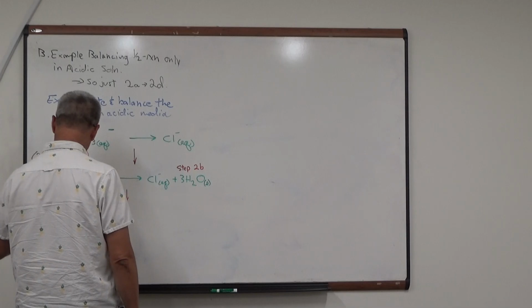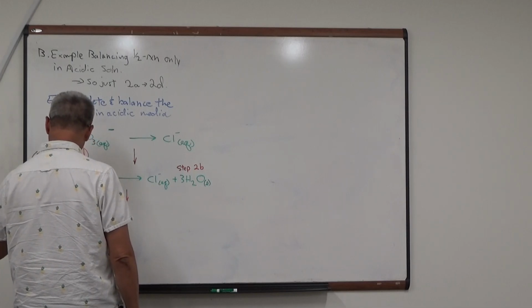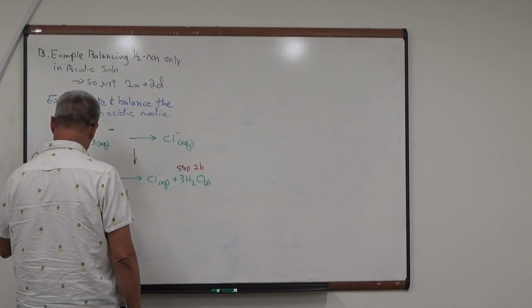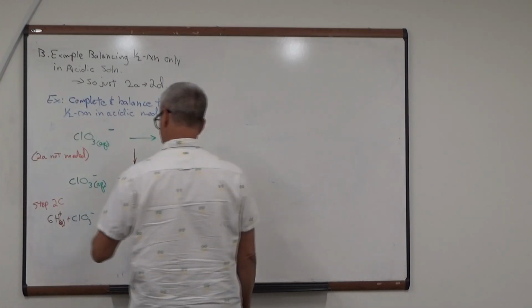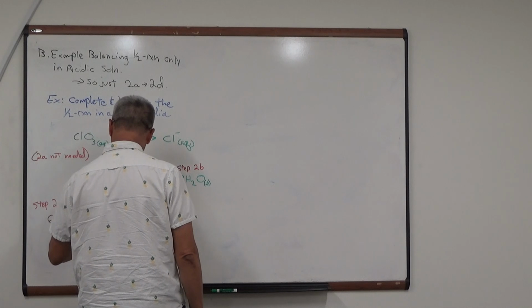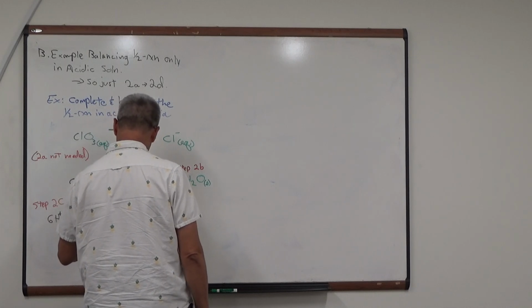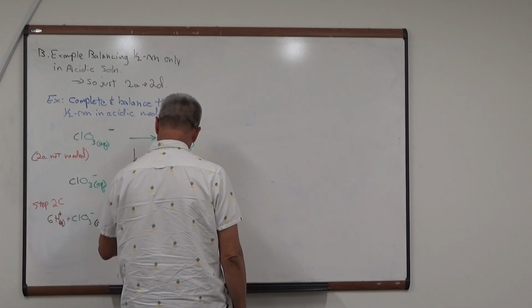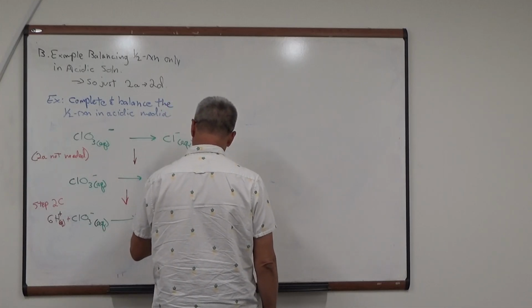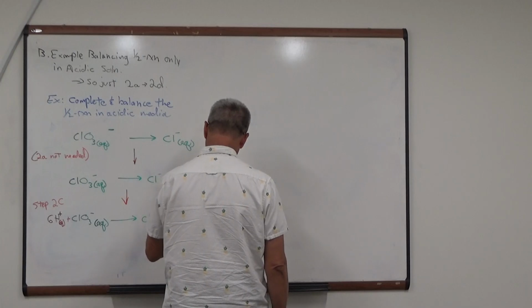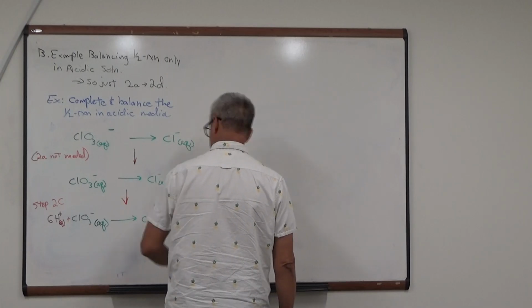Aqueous. And this is step 2C. This is Cl minus, aqueous, plus 3H2O.